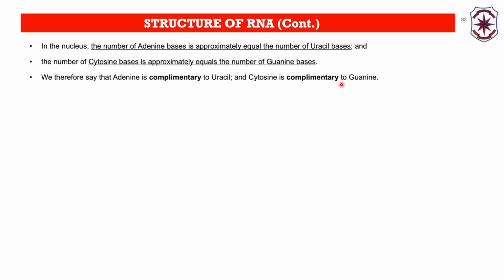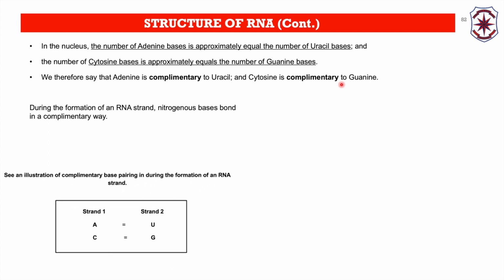This is in RNA. During formation of an RNA strand, nitrogenous bases bond in the following way. If on one strand you have adenine, on the other strand you will have uracil. If on one strand you have cytosine, on the other strand you will have guanine. Okay, guys? So this is complementary base pairing in RNA.